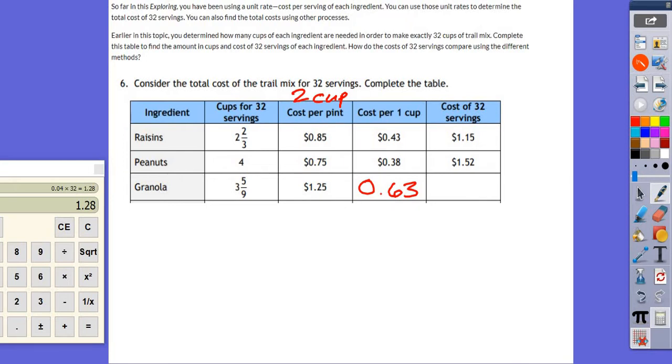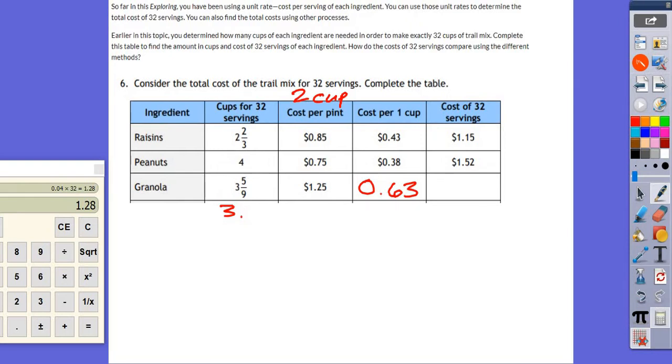Okay, so if I need 3 5/9 and I know how much 1 cup is, what should I probably do? Multiply. However, I have a fraction and a decimal dilemma here. Here is where I would probably say, let's change this 3 5/9 to a decimal. How do I change 5/9 to a decimal? Divide. 5 divided by 9.